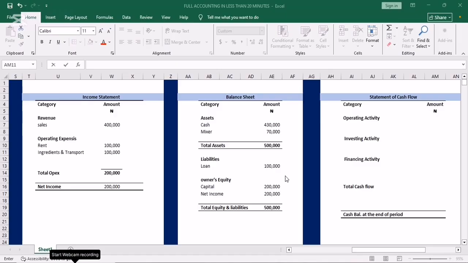The investing activity, that involves the expenditure on assets and other investments. Then finally the financing activity involves the inflow of cash for the operation of the business, so that basically involves the capital and the loan as well. Alright, so we start off from the operating activity.